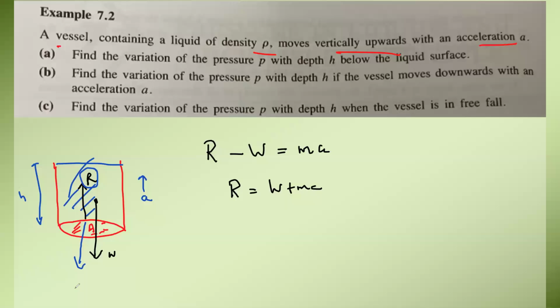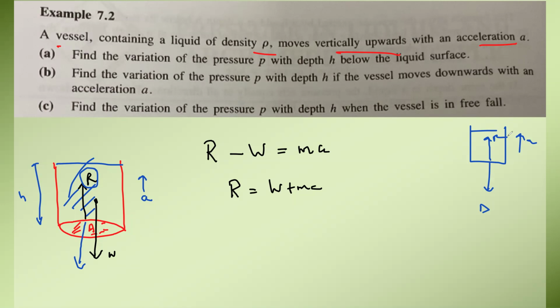So that downward force balances with the R, because forces always act in pairs. So what happens when it is accelerating upward? There will be a downward force, and that total downward force balances with the R. R is the normal contact force, which is the reaction force of the downward force. R is not the reaction force of the weight. Don't get confused. Weight and R are different things here.